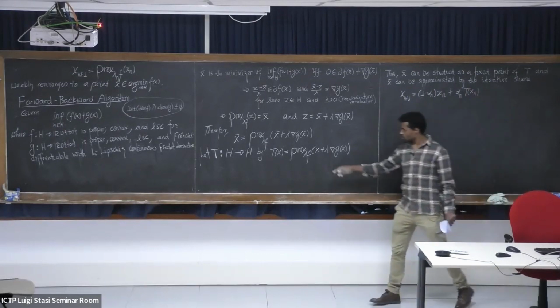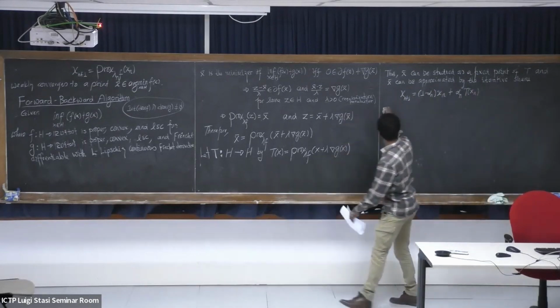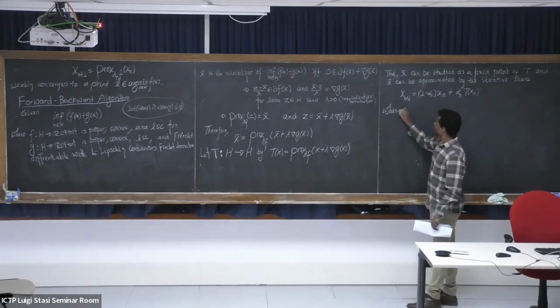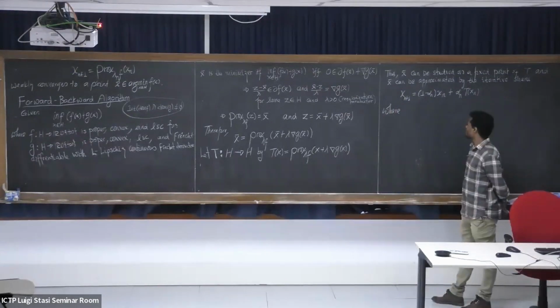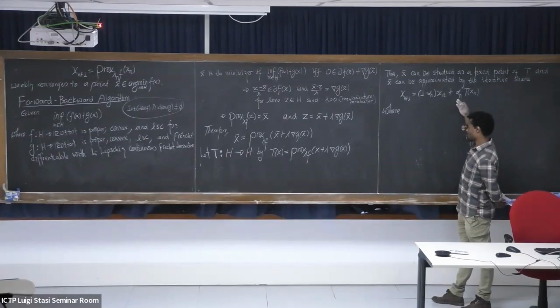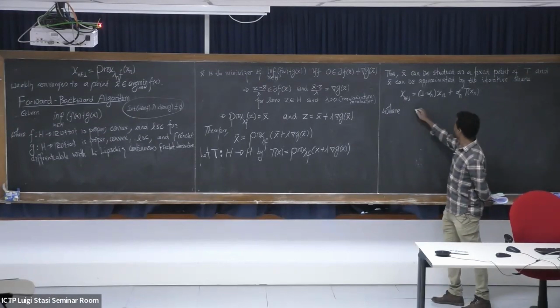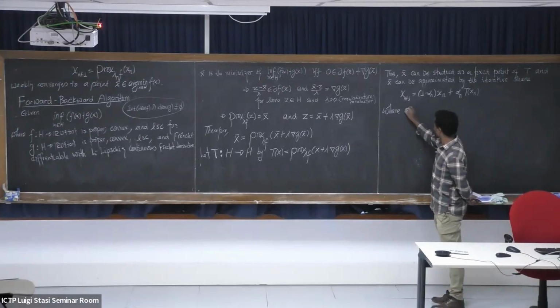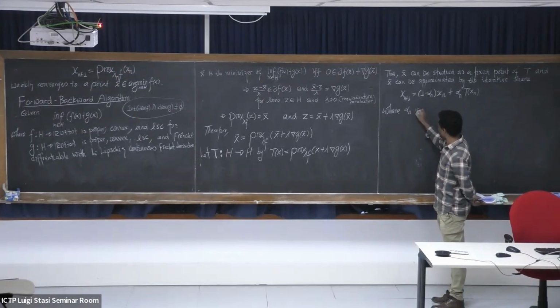Where Xn is this one, it says that it can be studied as an approximation of the iterative scheme of this one, where alpha n is the relaxation parameter. We call it the relaxation parameter.